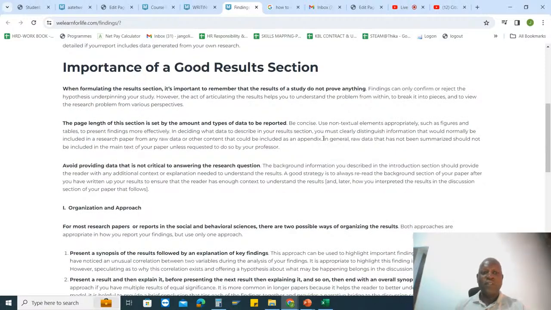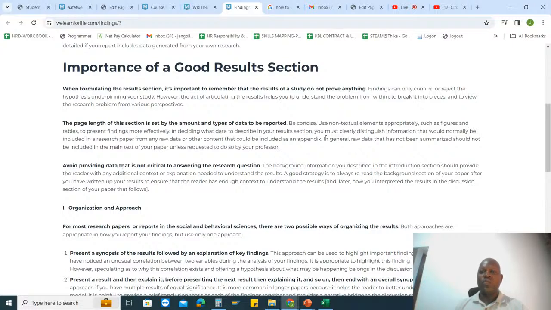The length of this section is set by the amount and the type of data that you report. Unlike the abstract, for example, which needs to fit in one page, here it depends on the amount of data that you gathered. At the same time, you need to be concise so that you don't beat around the bush.